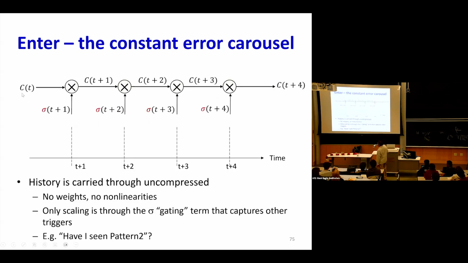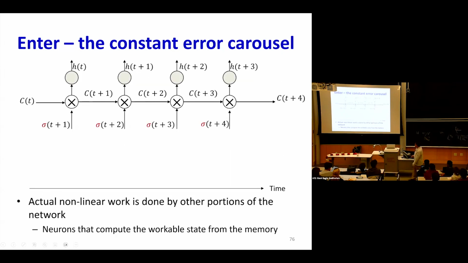So, but then without weights, without activations, there's nothing nonlinear happening. So we need other parts of the network. And so that is going to be done by other parts of the network. So we're just going to keep one component of the network whose only job in life is to remember things. And then we will add in more complication elsewhere to deal with how you get things into memory and how you read things from memory.